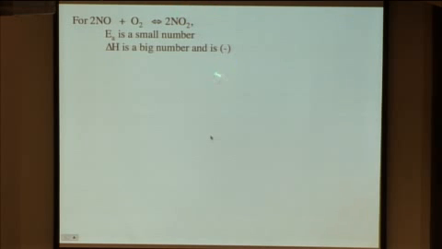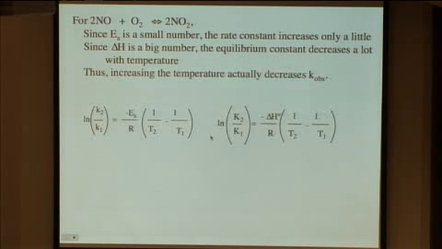It's an exothermic reaction. If you have a very small number for EA, the rate constant will increase only a little bit. It's not that sensitive to a change in temperature. But if delta H is a big number, then the equilibrium constant would decrease a lot with temperature.